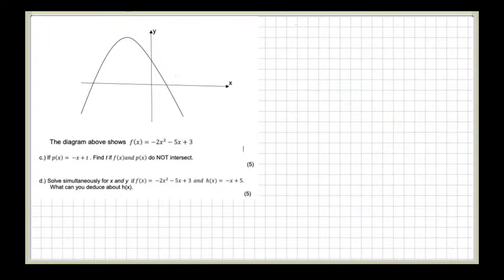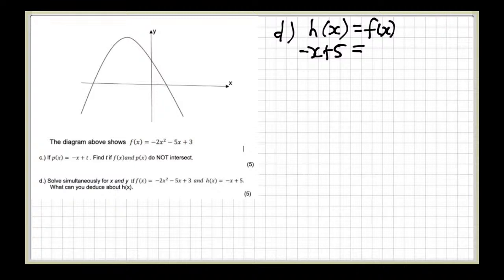So let's try d. When I look at d, where they intersect is h of x equal to f of x. So h of x is equal to negative x plus 5, and f of x is equal to negative 2x squared minus 5x plus 3.